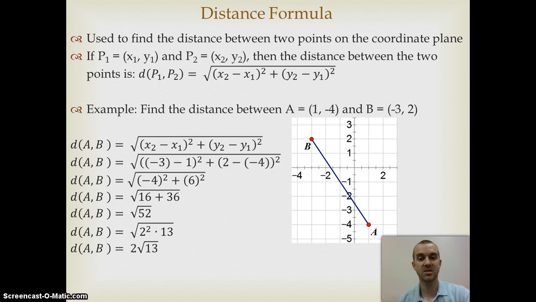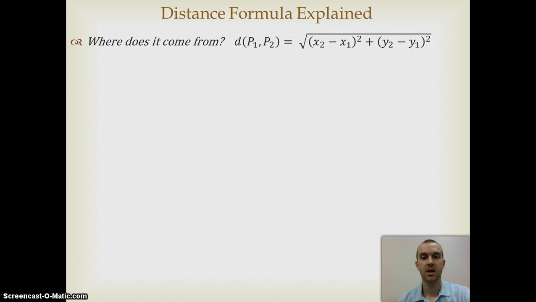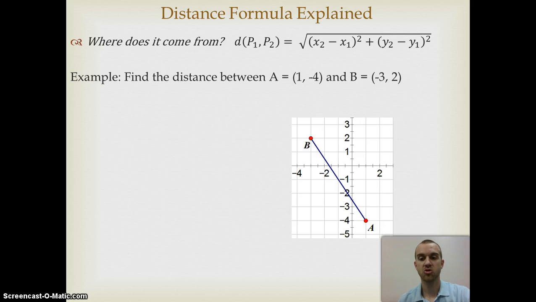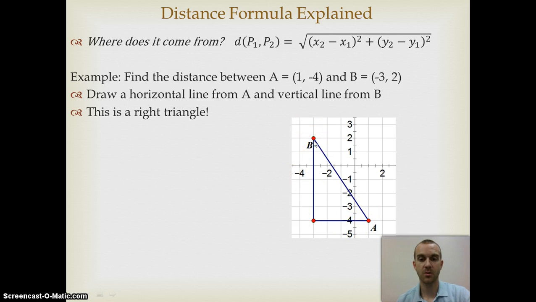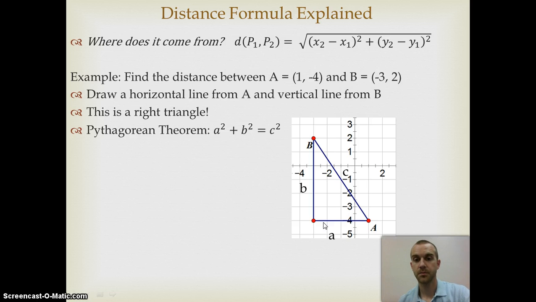Now, where does this formula come from? If we think about what's going on there, and we draw in 2 additional lines, a horizontal and a vertical line coming from A and B, what we see is that we're able to form a right triangle. And what we know is that with a right triangle, if we label the sides a, b, and c, a right triangle allows us to use the Pythagorean theorem.